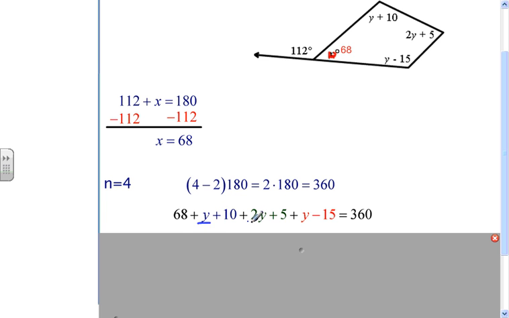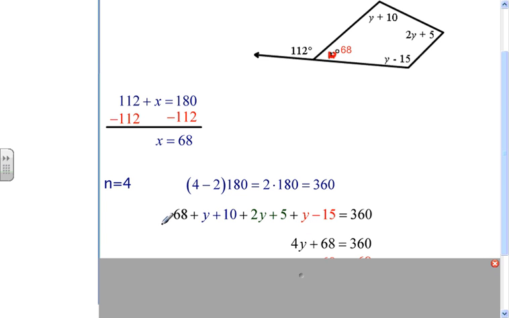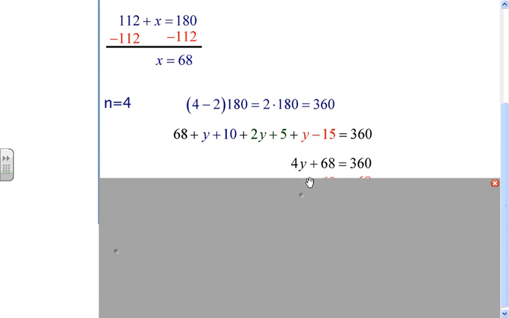We have y plus 2y plus y. So that gives me a total of 4y. Then we have 68 plus 10 plus 5 minus 15. So 68 plus 10 plus 5 minus 15 actually ends up to be just 68. So now we have 4y plus 68 equals 360.